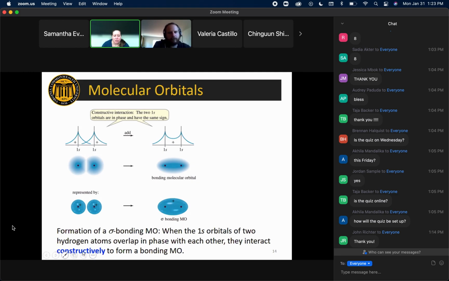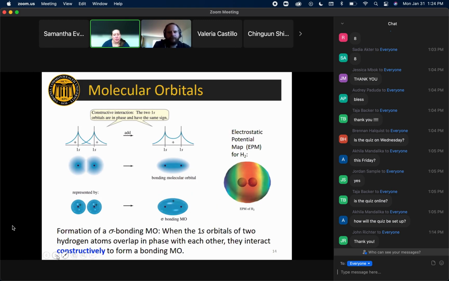Your book also gives you these electrostatic potential maps. I don't like this one because the electron density is really mostly between the two atoms, and this makes it look like it's all over the place. So ignore this and focus on these ones.